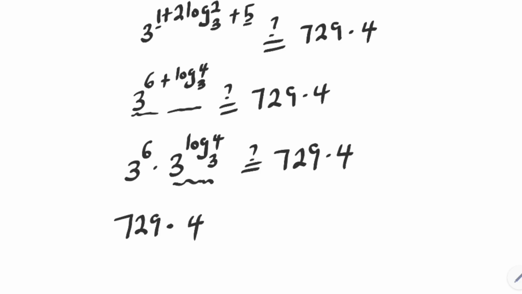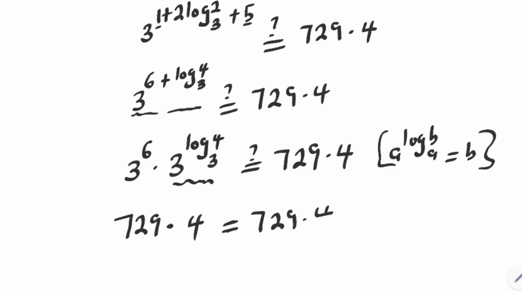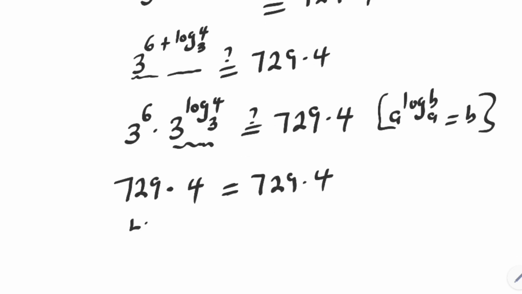That is, if you have a raised to power log b base a, this is equal to b. Then this is equal to 729 multiplied by 4. Here is left hand side and this is right hand side, which is equal.